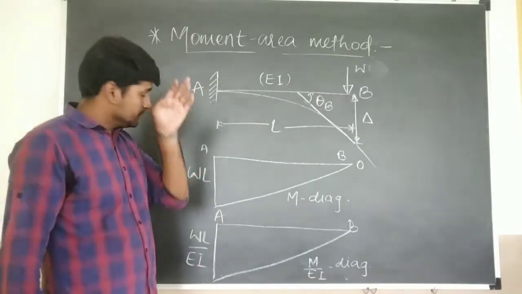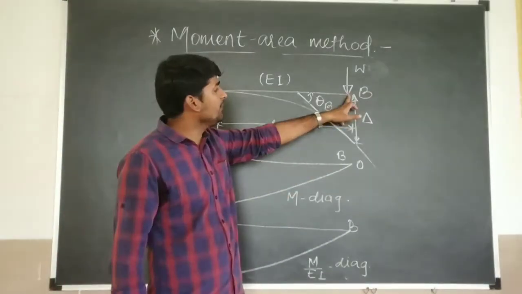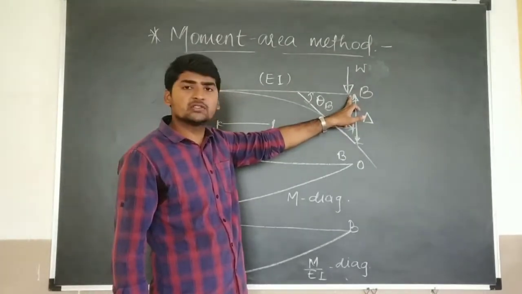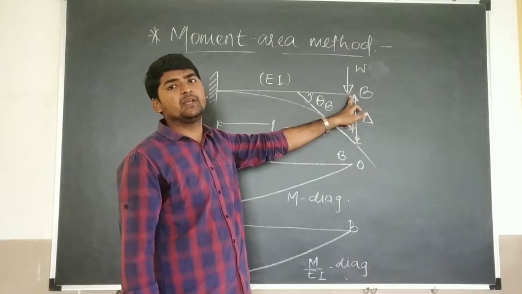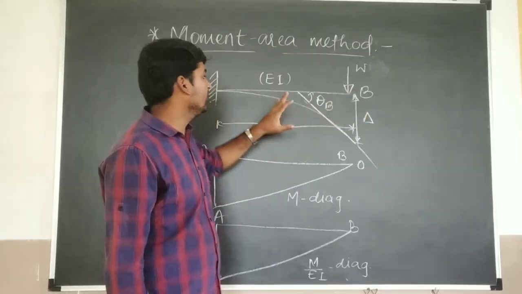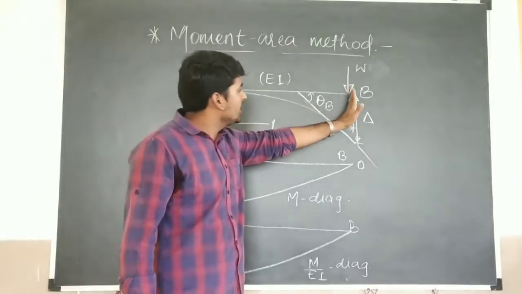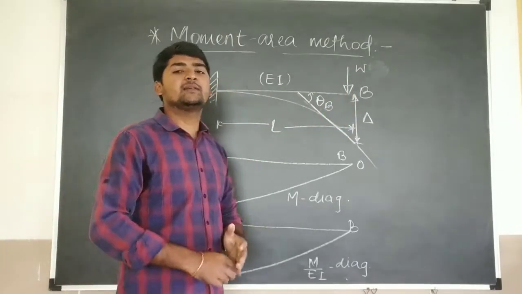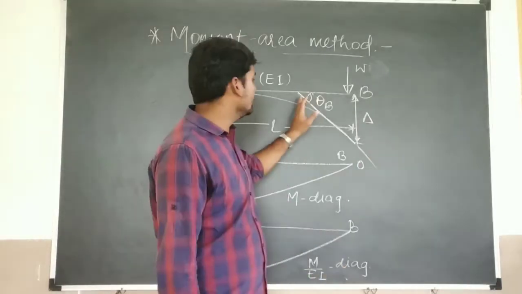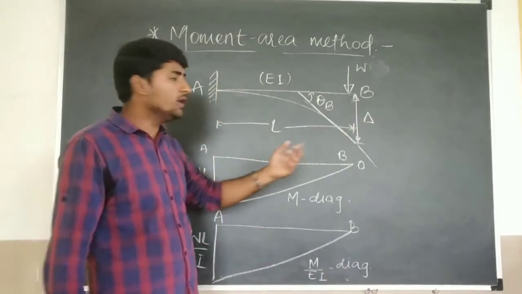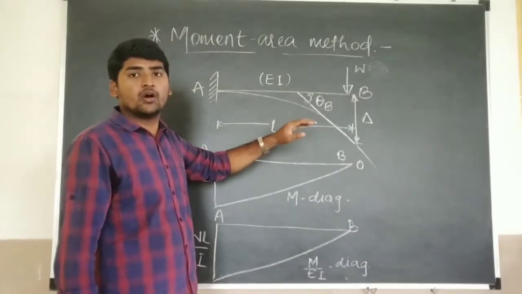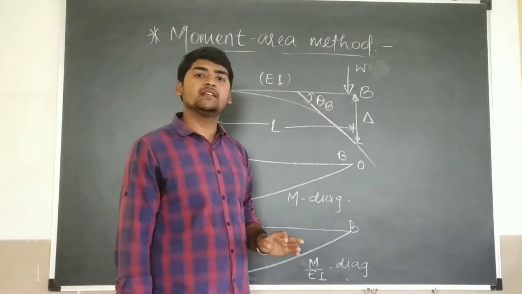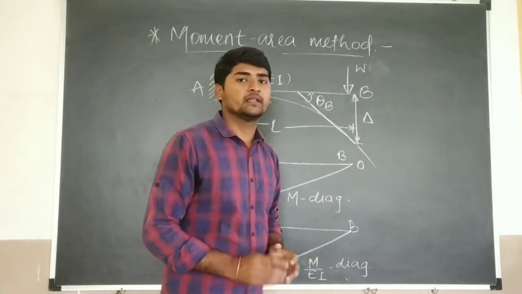So if we have to find the deflection at B, or the slope at B, then we simply draw the M upon EI diagram for this beam, and the area between points B to A of the M upon EI diagram will give us the slope of this beam, and the moment of the M upon EI diagram from point B to A will give us the deflection of that beam.